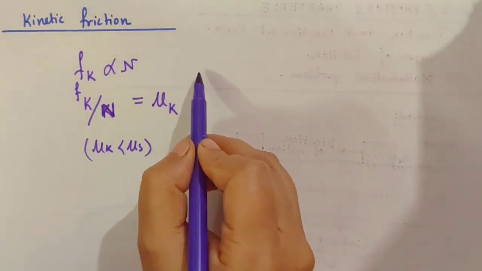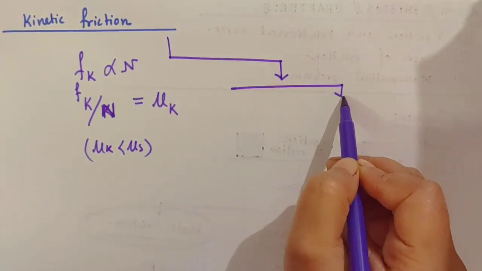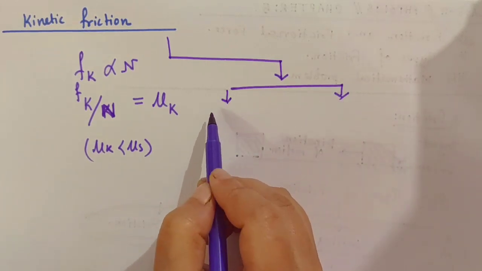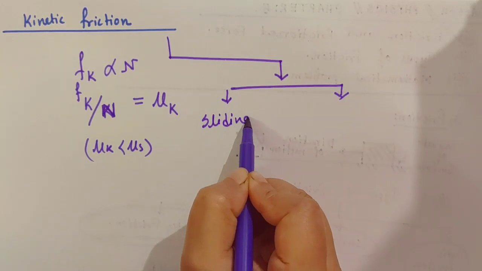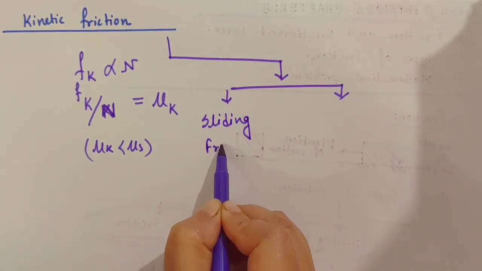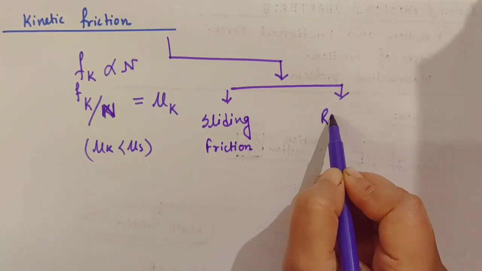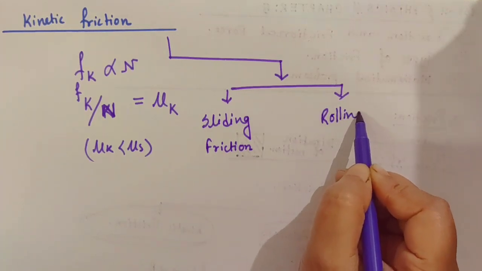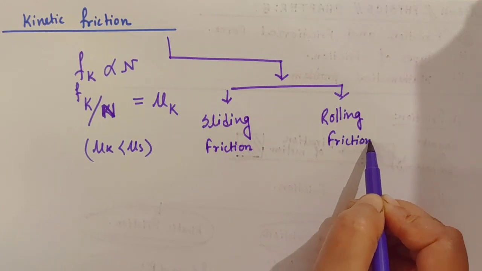And for this kinetic friction, there are two types. One is sliding friction. Another one is rolling friction.